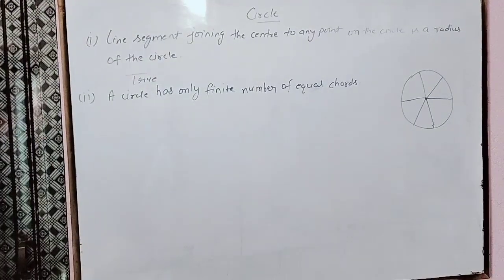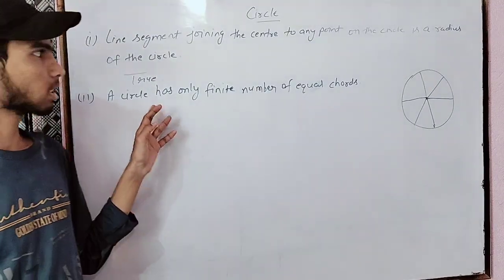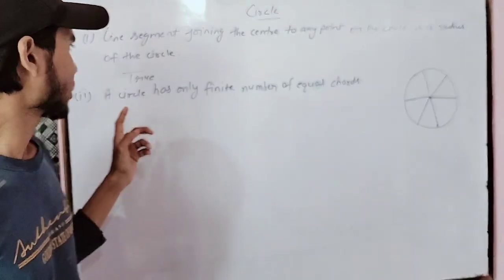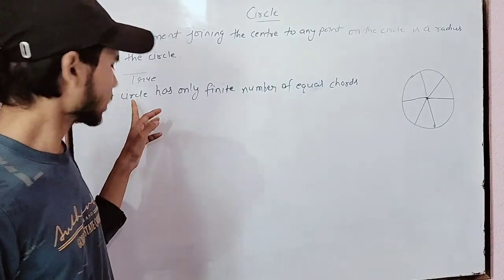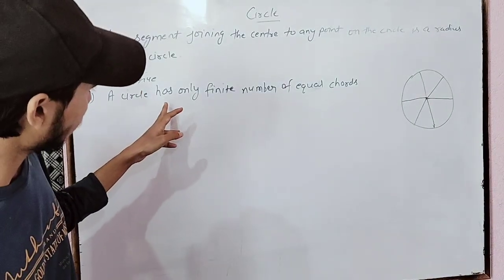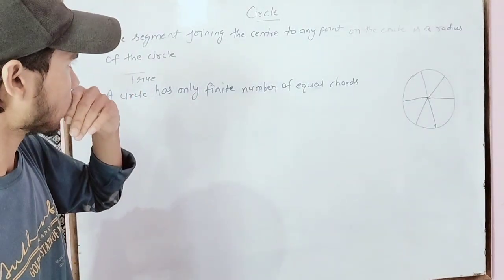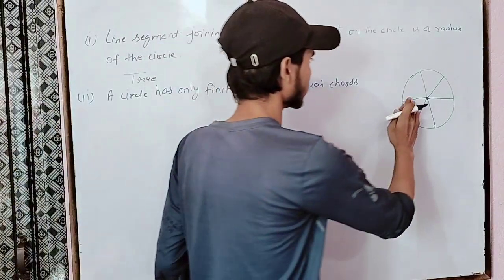Now you tell me, is the given statement correct or not? A circle has only a finite number of equal chords. It is saying finite, which means limited, but there are so many.